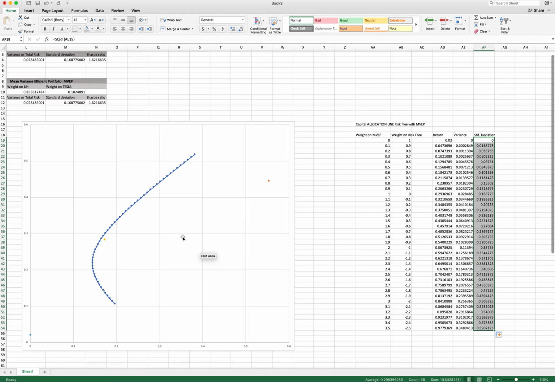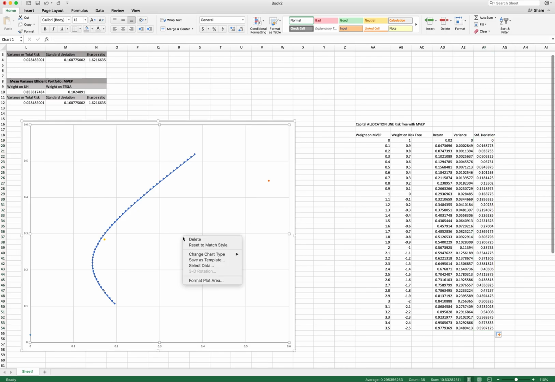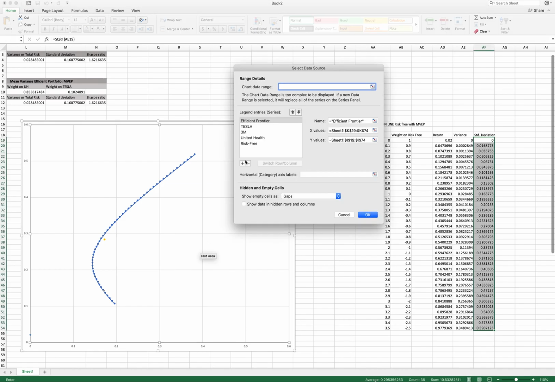Okay, so I can just compute my variance, increasing as I increase the loadings on the MVEP, and then the standard deviation. And now I'm ready to add the capital market line, also the tangency line, right, because it hits the tangency portfolio. X values are up.